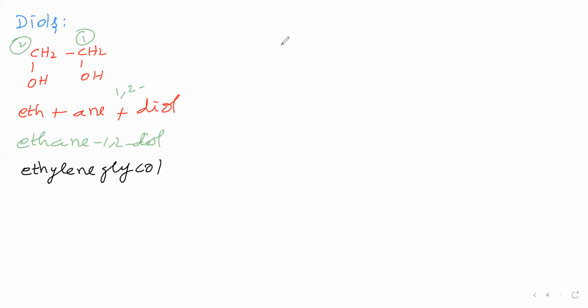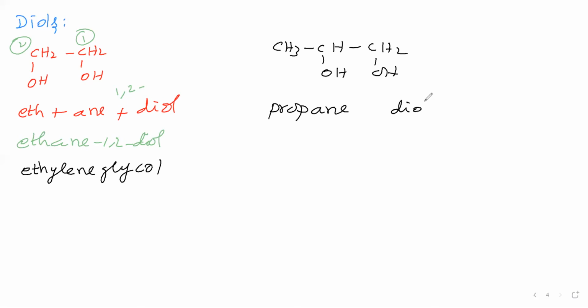Next, we have taken a compound like this. For this IUPAC name, the parent chain contains 3 carbon atoms, therefore prop. Carbon-carbon single bond, therefore primary suffix is ane. 2 OH groups present, therefore diol.